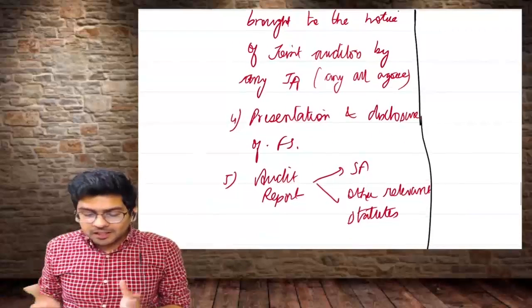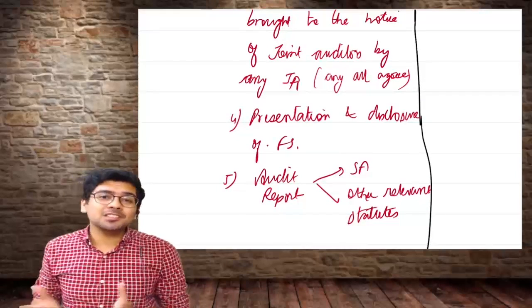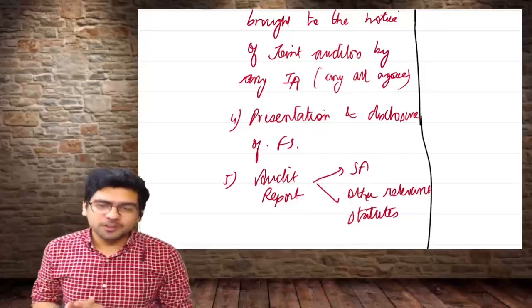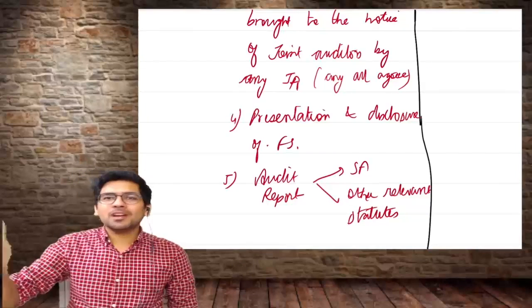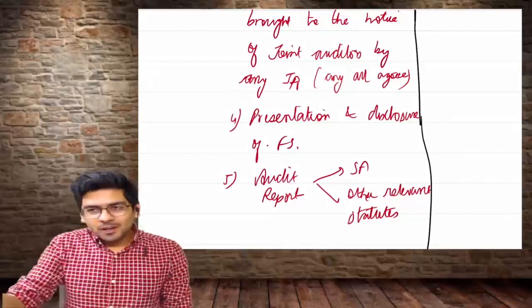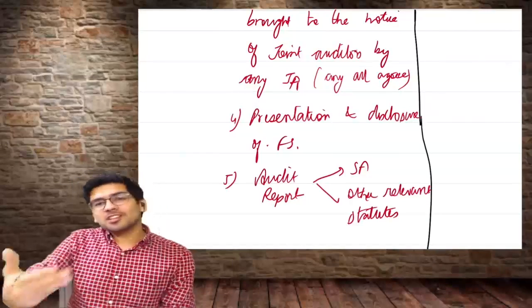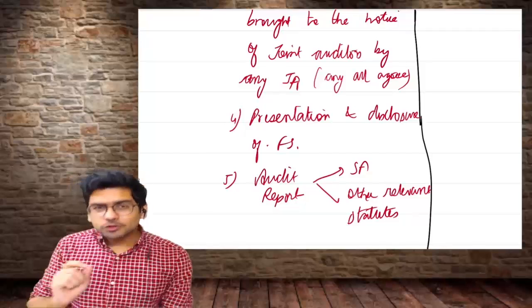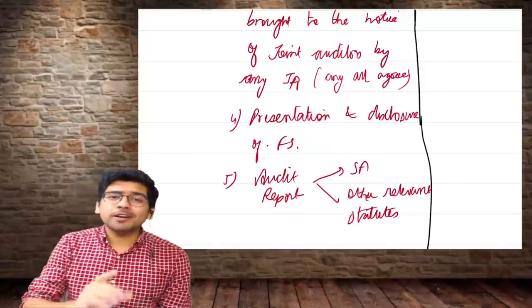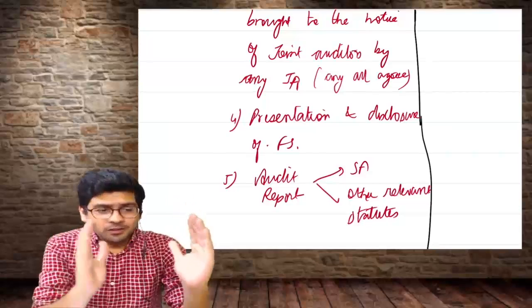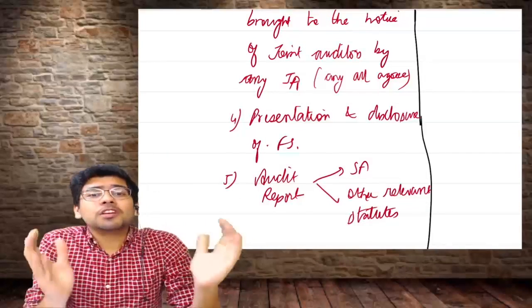Then, presentation and disclosure of financial statements. Anything with respect to presentation and disclosure of financial statements will always be a joint responsibility. You cannot ask management to prepare different sets of financial statements catering to the different requirements of the auditors, right? So when it comes to the presentation and disclosure of financial statements, these auditors will be jointly and severally liable. I told you that they are going to issue one audit report. Generally, they are going to come up with a unanimous report.